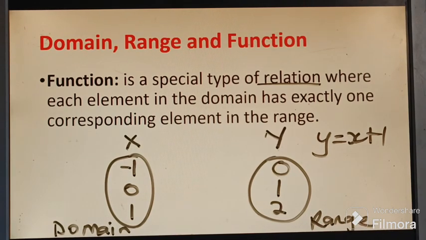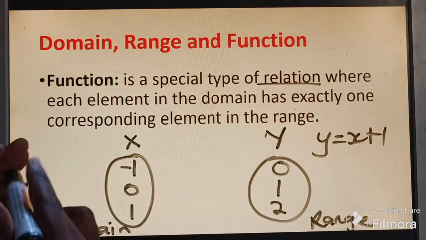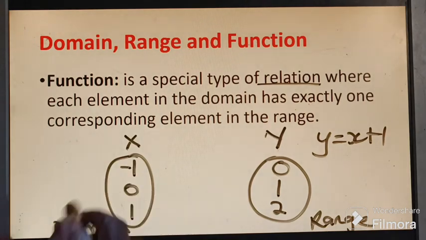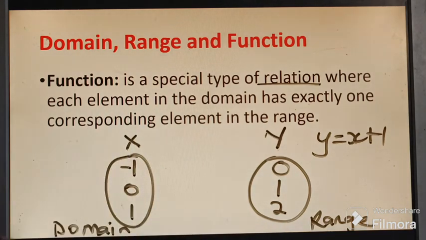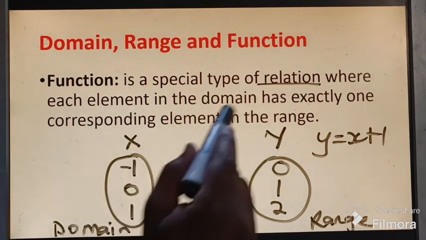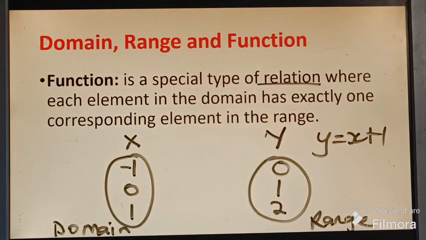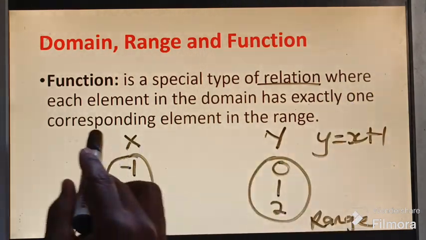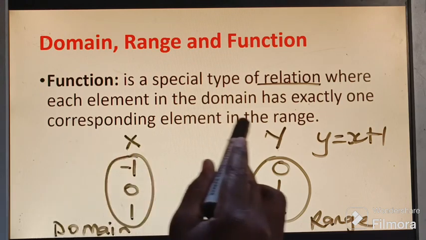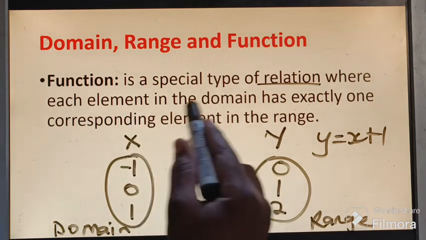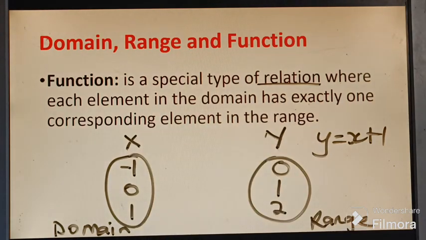So if this one is to be called a function, akunena kuti where each element in the domain, this is an element. Remember, the domain, to use about element because they are also sets. So we're saying each element in the set is exactly mapped, is exactly related to one element in the range.